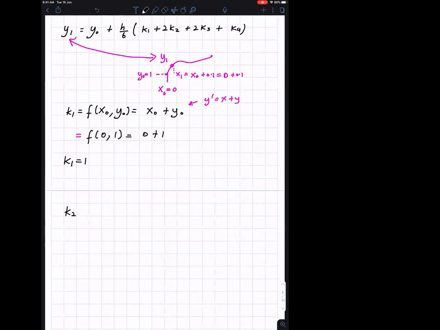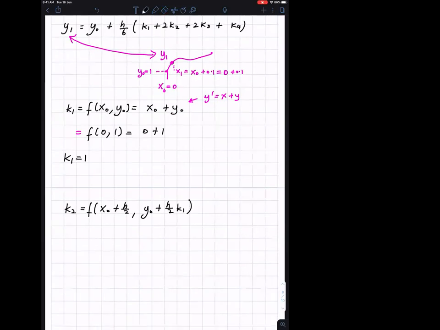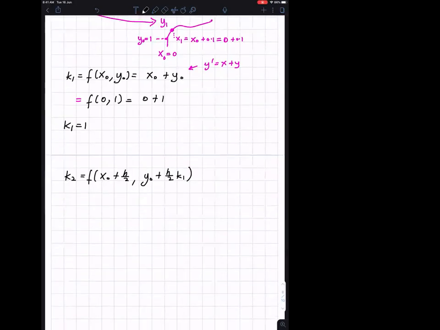K2, using the formula f of x0 plus h over 2, y0 plus h over 2 times K1. I'm going to go a little bit quicker because we already went through the same formula earlier in detail. So x0 was 0, 0 plus the step size divided by 2.